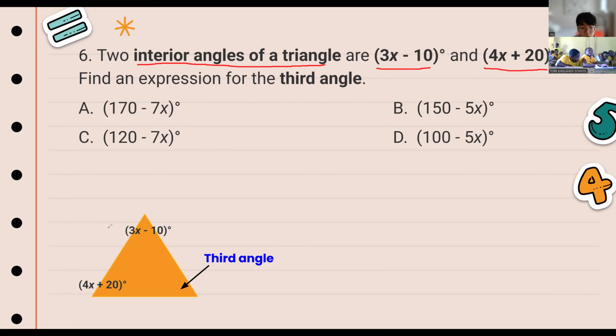So what is the total angle of a triangle, do you think? Total angle of a triangle is 180 degrees. So the sum of the inner angles of the triangle is 180.